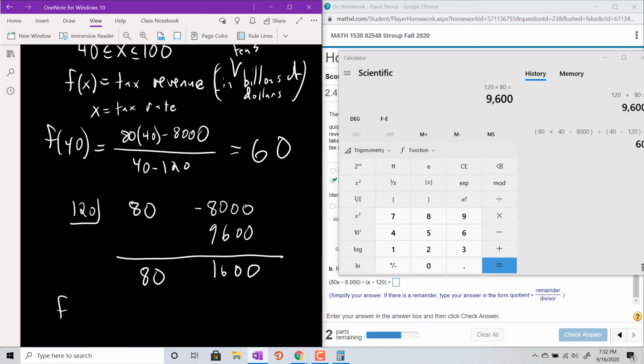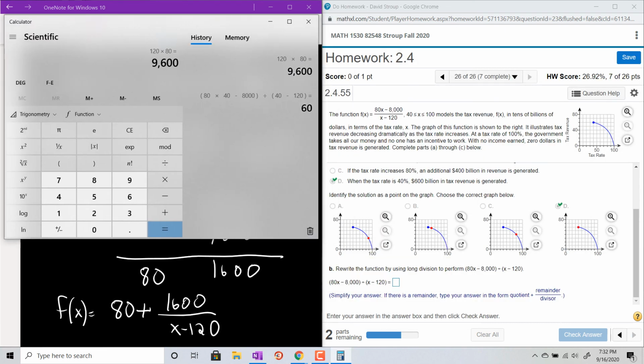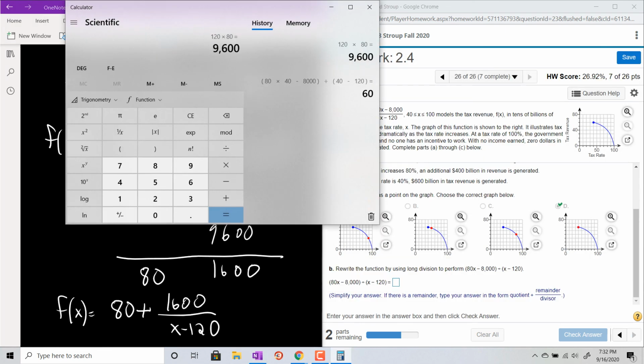So our f of x formula will be 80 plus 1,600 all over x minus 120. Sure seems like it. Let's see if it's in there.